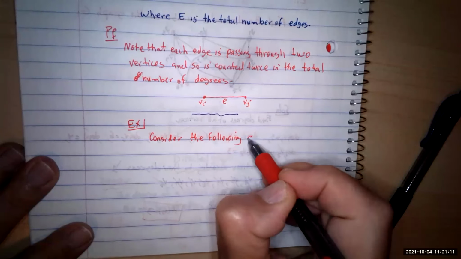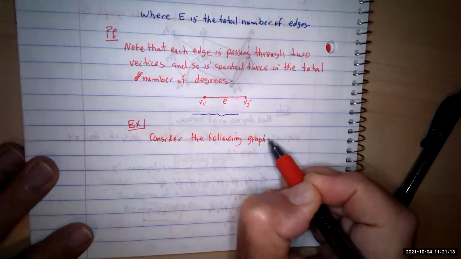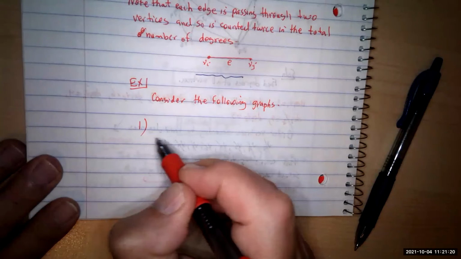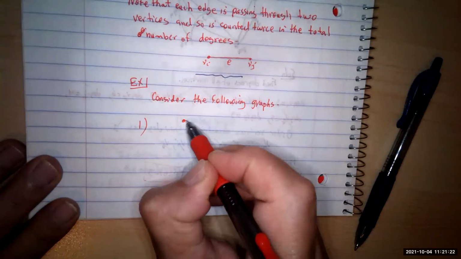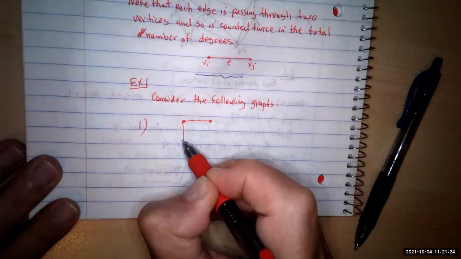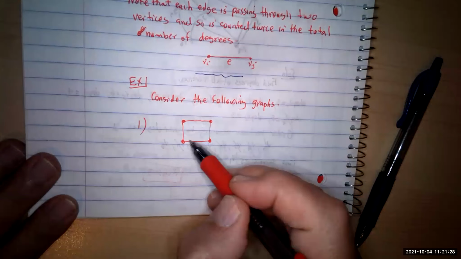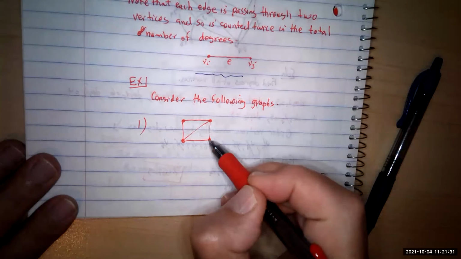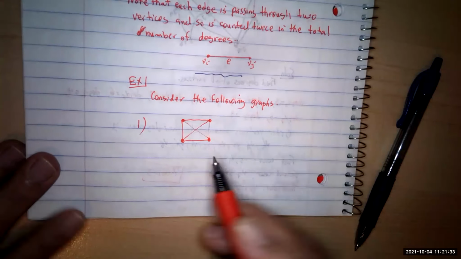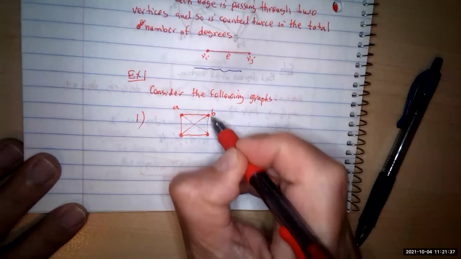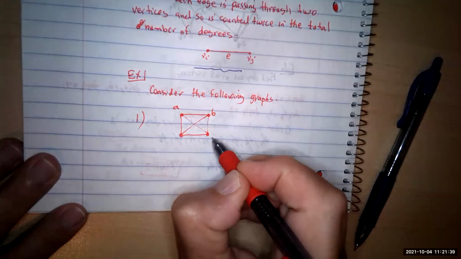Okay, the number one, the first one, is this one. And these are going to be the edges. So that's going to be A, B, C, and D.